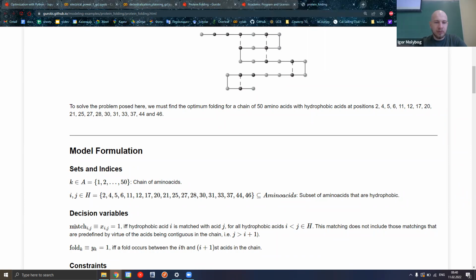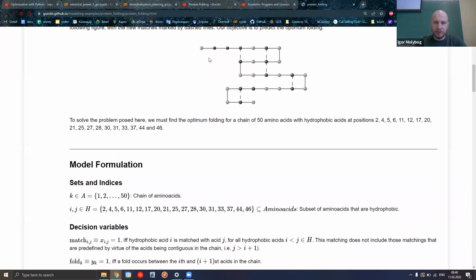Another important decision variable that will in fact play the key role in our objective function is the match. So we say that match ij is going to be equal to 1 if and only if a hydrophobic acid i is being matched with acid j, for all hydrophobic acids i less than j.